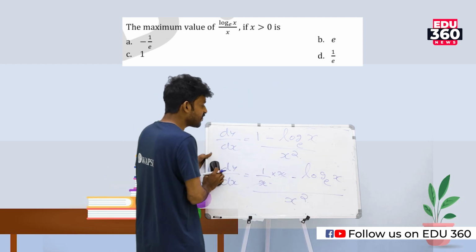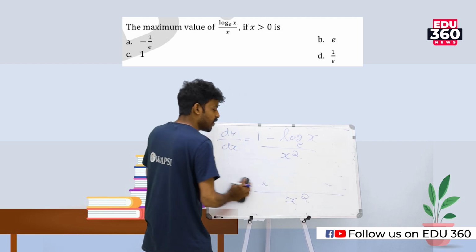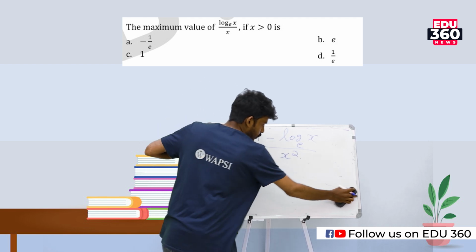Okay, so for maxima, dy by dx must be equal to 0.